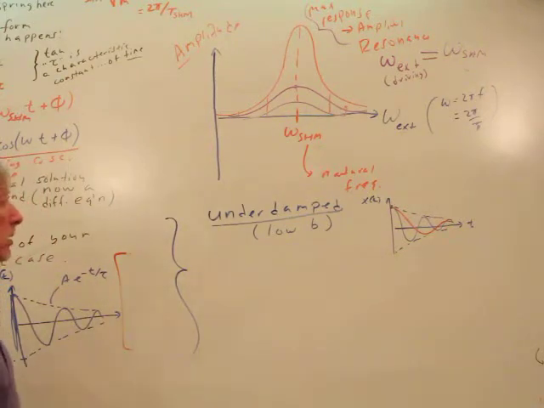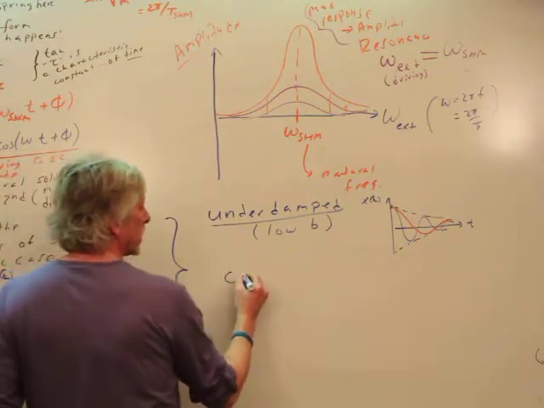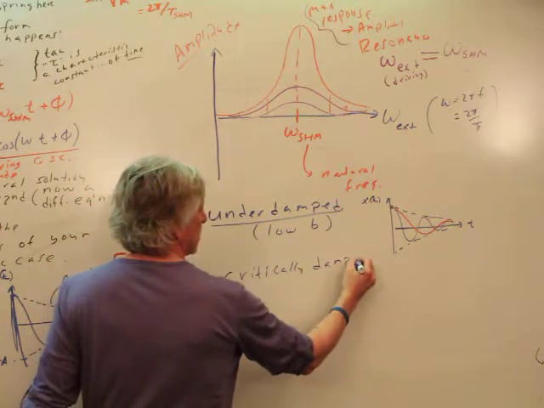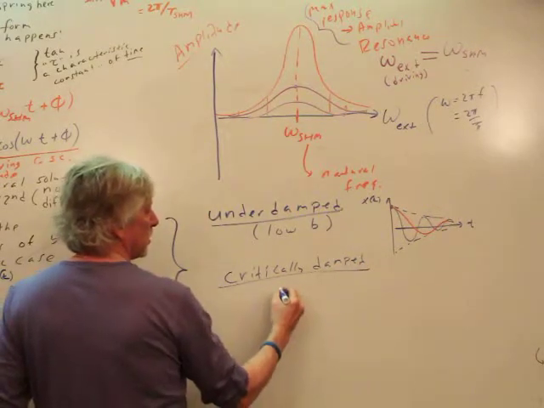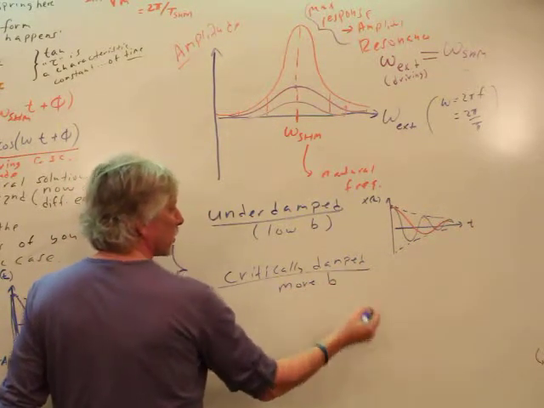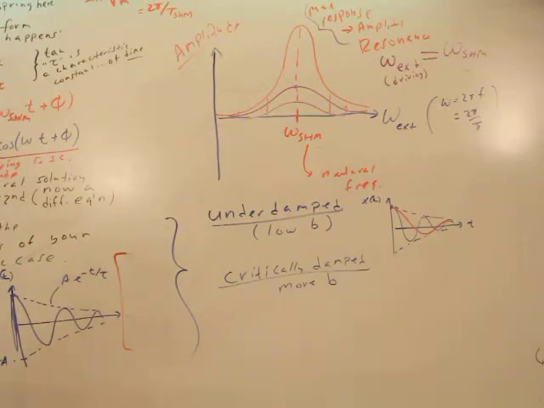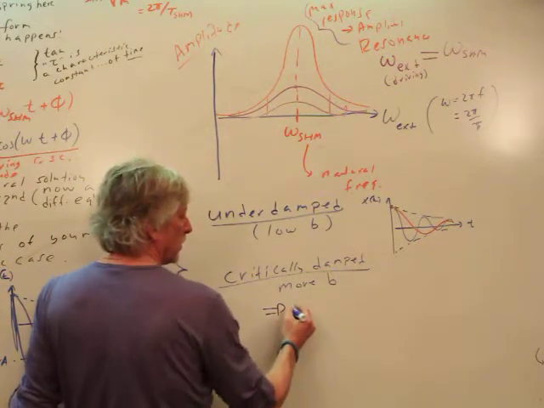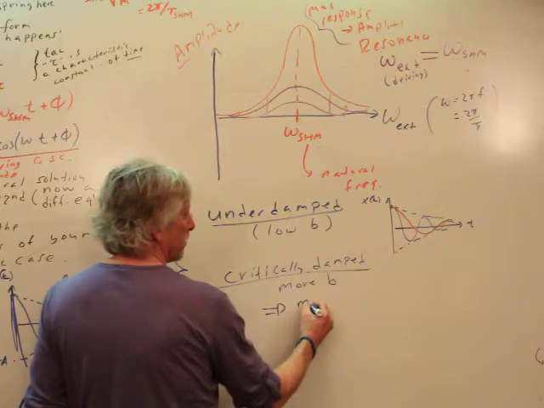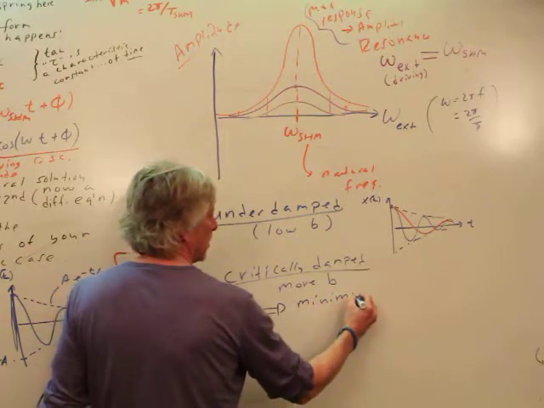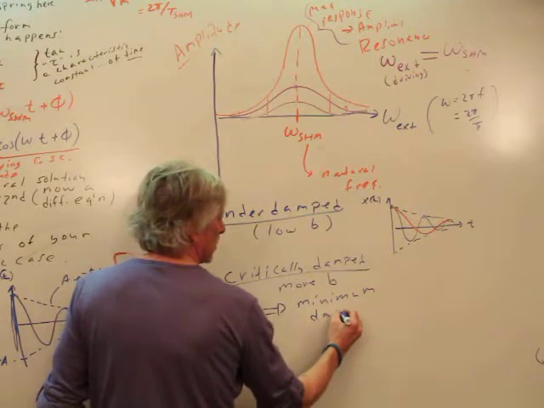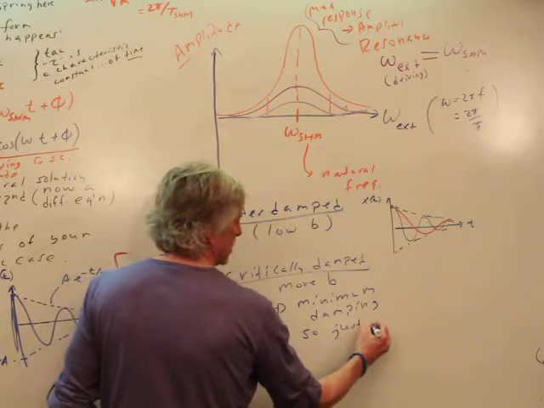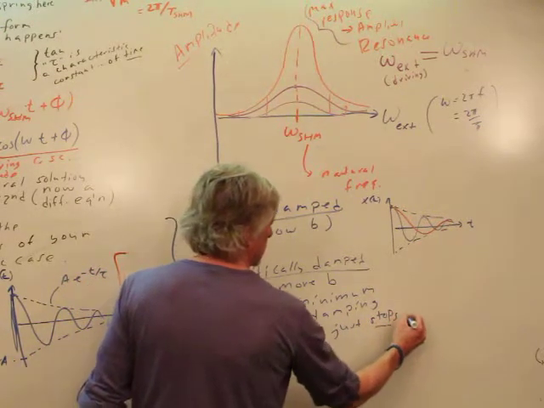You keep damping it, and you get to a place where it's called critically damped. More coefficient of fluid friction there. Okay. And so that's the case where the minimum damping, so it just stops the oscillation.